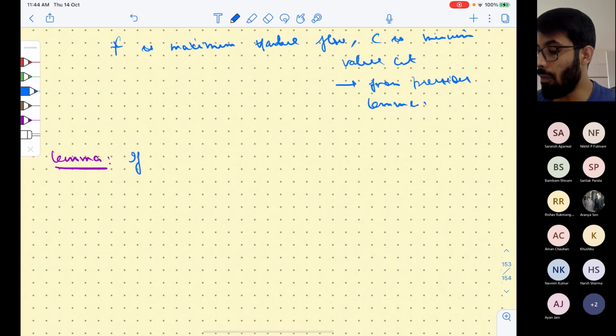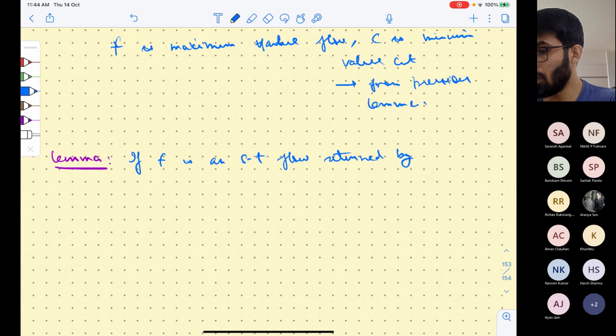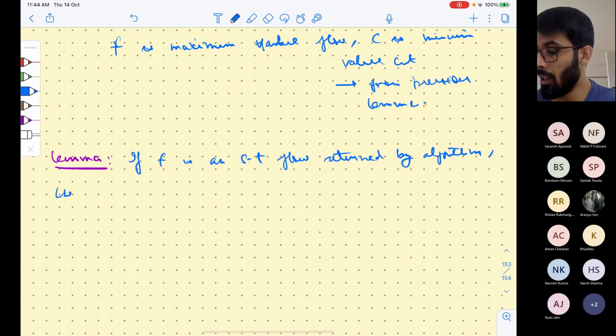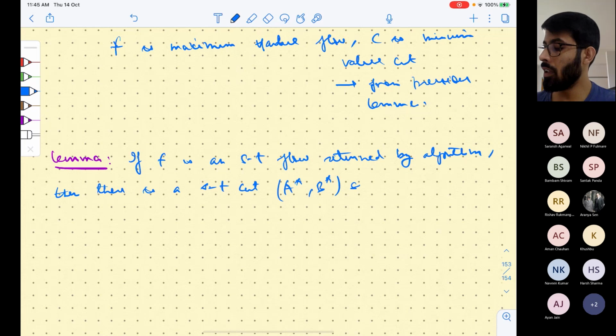That if F is an ST flow returned by the algorithm, then there is an ST cut A star B star such that the value of F is equal to the capacity of A star B star.